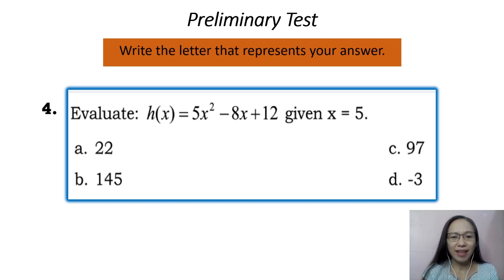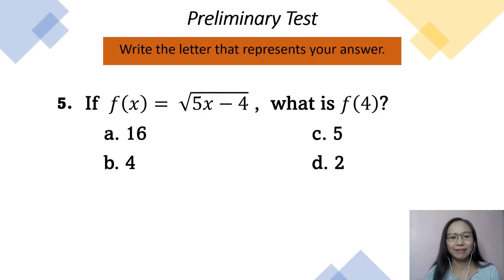Or if you need more time, you can pause the video and take your time answering. Okay, I guess you're done. So the answer is letter C. I guess you're very good.